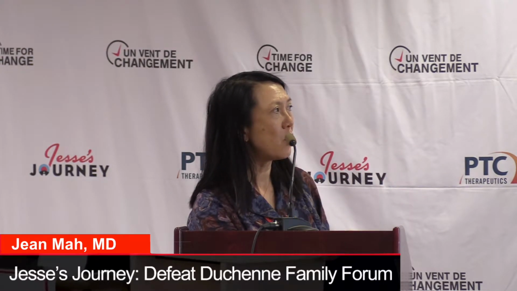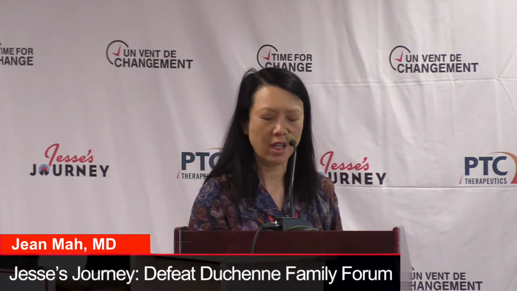The dystrophin protein is essential to keep everything together. So with a change in the genetic code, for which we use the word mutation, that protein does not function or is totally absent, and then it disrupts the whole integrity of each cell, and that leads to progressive muscle weakness.